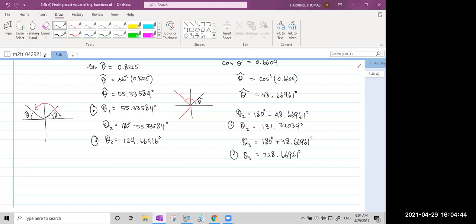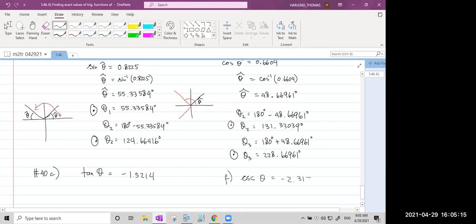Now let me ask you to try number 40C: tangent theta equals negative 1.5214. And part F, I jump to part F right away: cosecant theta equals negative 2.3179.